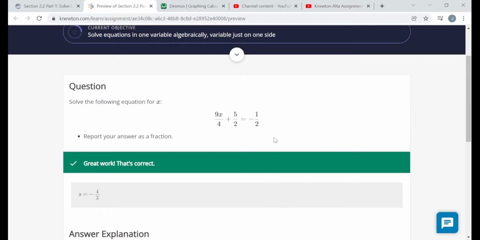I want to show you another way to do this, where you don't have to work with all the fractions all the time. So I'm going to write this equation again, but this time, and this method here is actually the way I prefer to do equations with fractions, and you probably will too. We'll see.